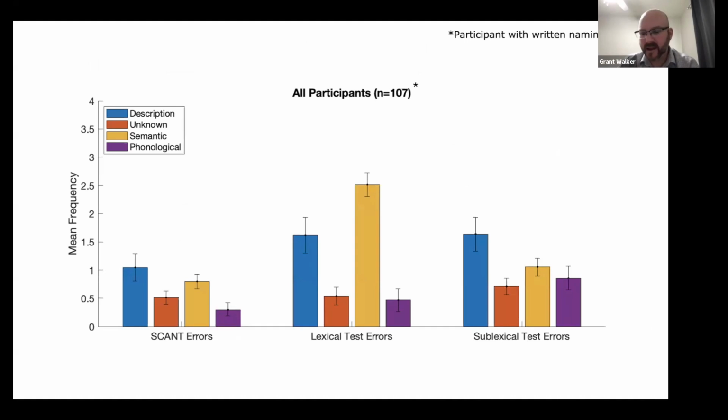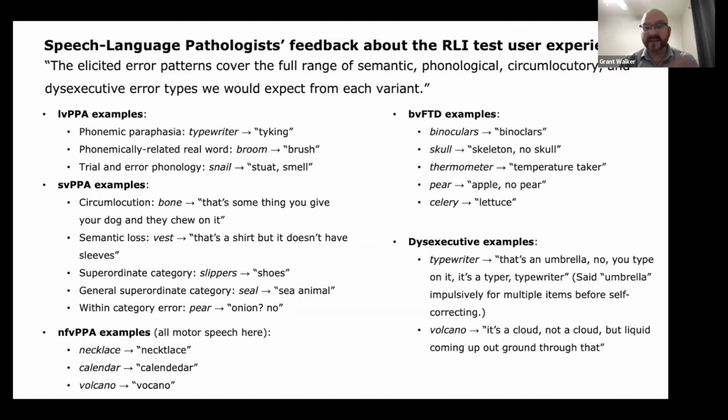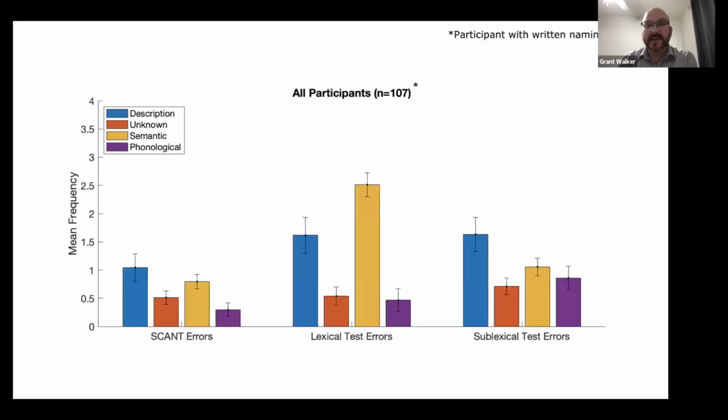Okay, so speaking of these error types, that got me thinking, maybe we should look at these error types. We said that these tests should be manipulating the likelihood of different types of errors. So let's see if that happens. This is looking at all the participants except the one who had the written naming, because it was a bit of an outlier. And indeed, I did a very simple scoring of just four types.